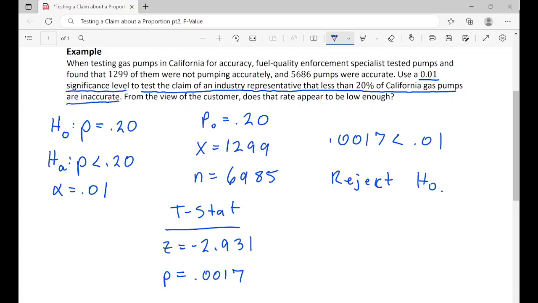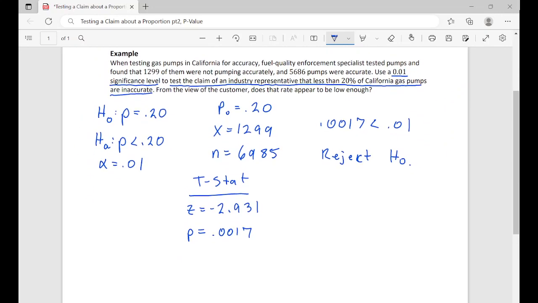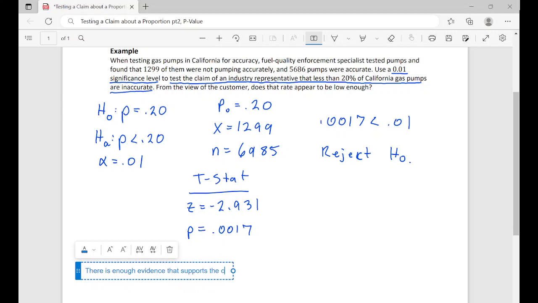So now that we have rejected it, we need to actually state our answer in a sentence or two. So, zoom out a little bit, and I'm going to type in our answer here. Since we reject the null hypothesis, we can say that there is enough evidence that supports the claim, and the claim says it's less than 20%.